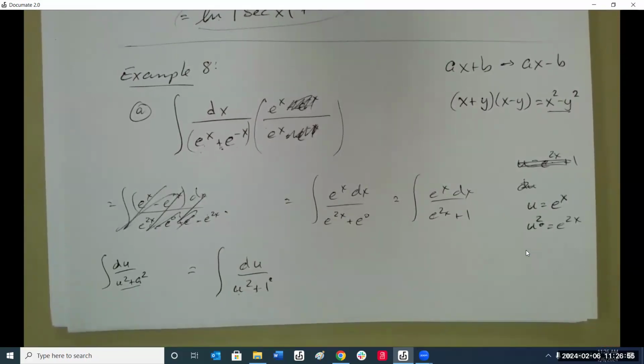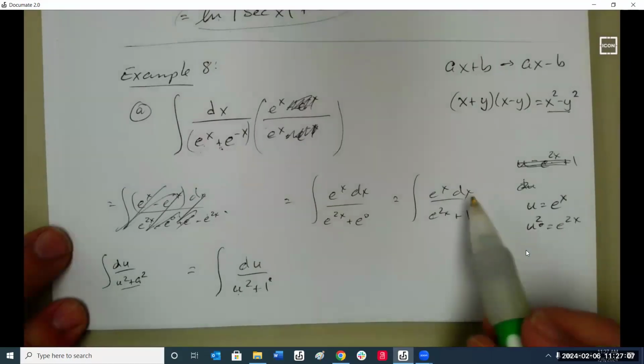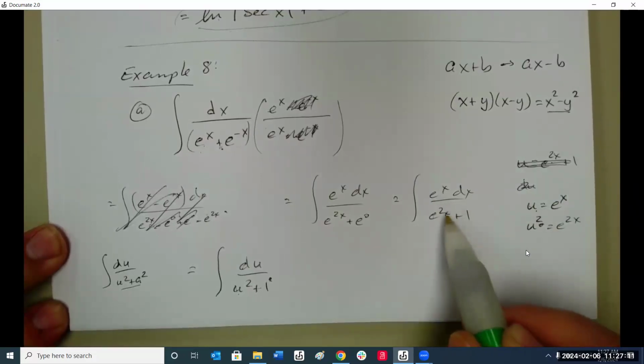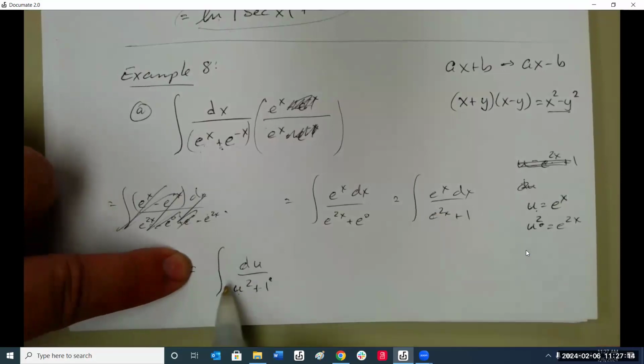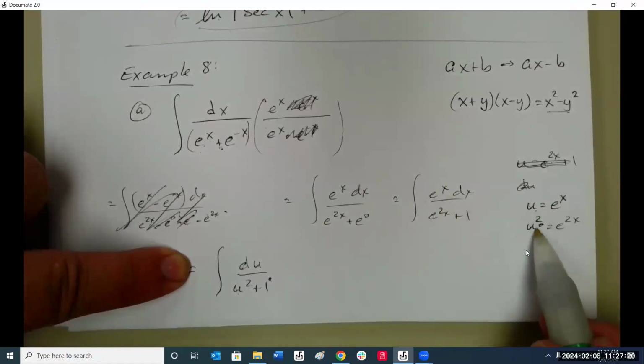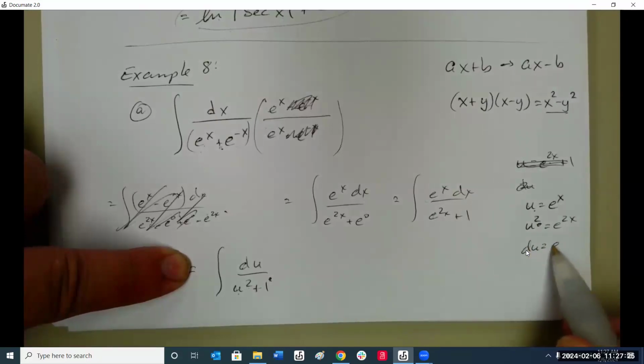So let me get this straight. We're doing the integral of e to the x dx over e to the 2x plus 1, and that converts to the integral of du over these two. Yeah, because we're saying that u is e to the x. So what we have here is the integral of u squared plus 1, and that's the derivative. The derivative of u is e to the x.